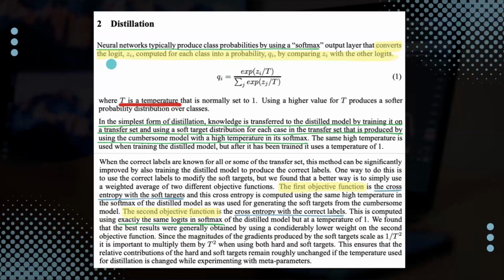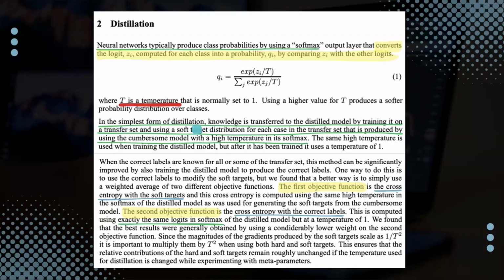That converts the logit computed for each class into a probability by comparing with the other logits. Okay, so far so good. Where T is the temperature, using a higher value for T produces a softer probability distribution over classes. We're sort of heating it up, right? The temperature.